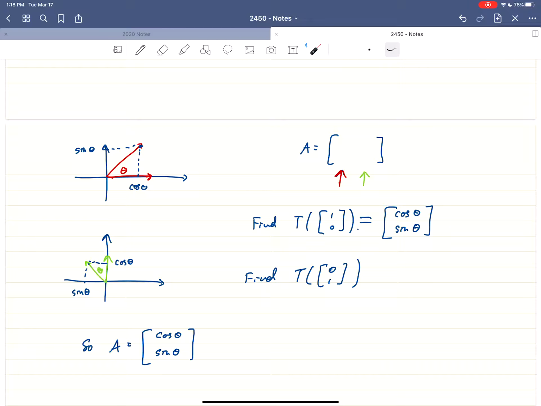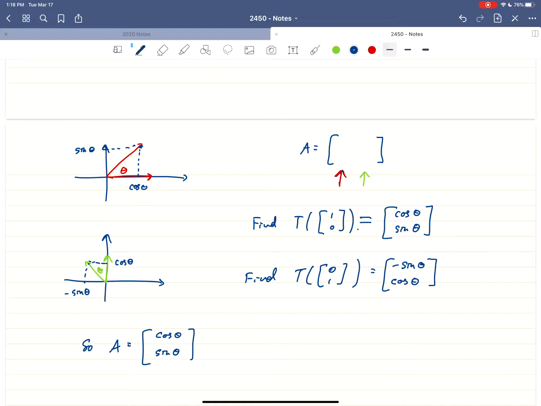This is to the left. So it's really not quite sine theta, but minus sine theta. Other than that, it's exactly the same thing. So our x value is minus sine theta, and our y value is cosine of theta.